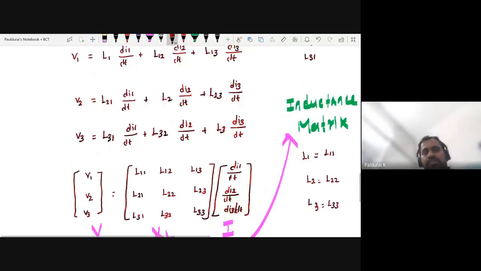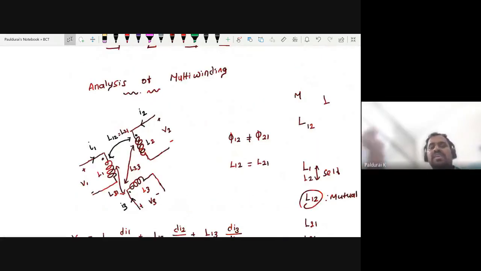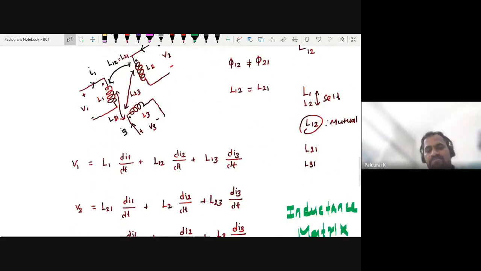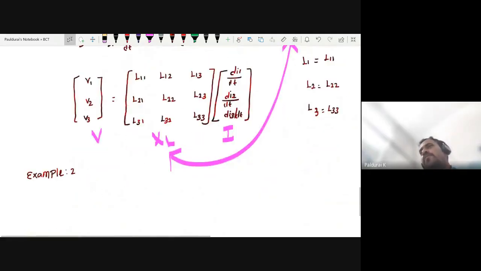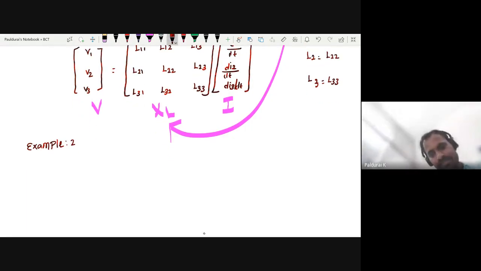Analysis of multi-winding circuits or multi-winding coils. Take one problem. You can understand in a better way. I will give you one problem, just to develop the inductance matrix.